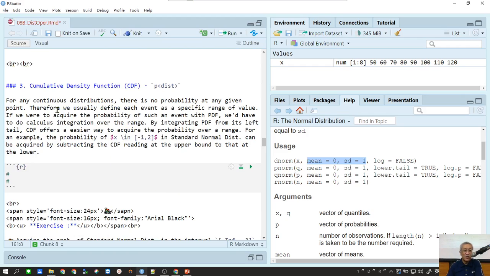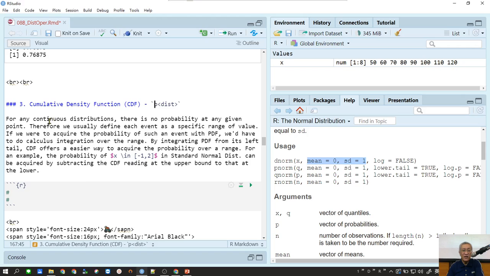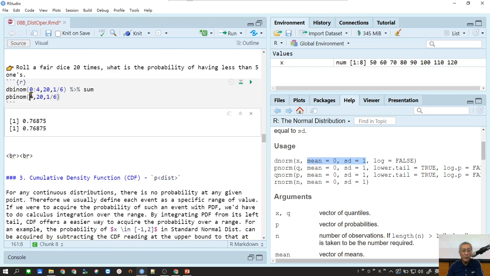Okay, now let's go to this cumulative distribution function, right? I told you that when you use P, it actually returns the probability from the left tail up to X. Actually, it can also be a vector.